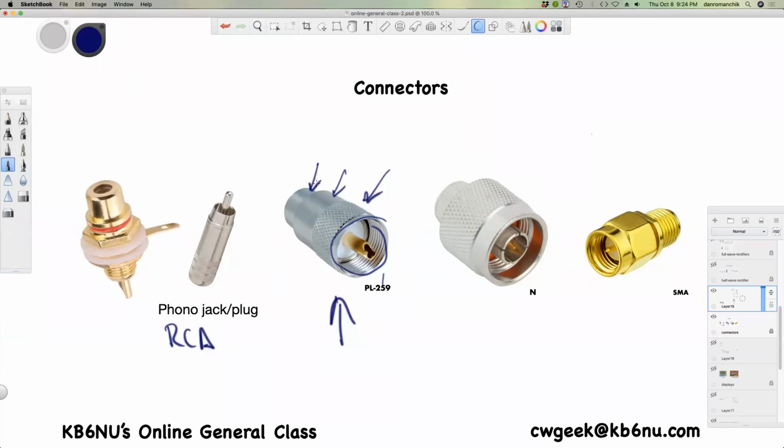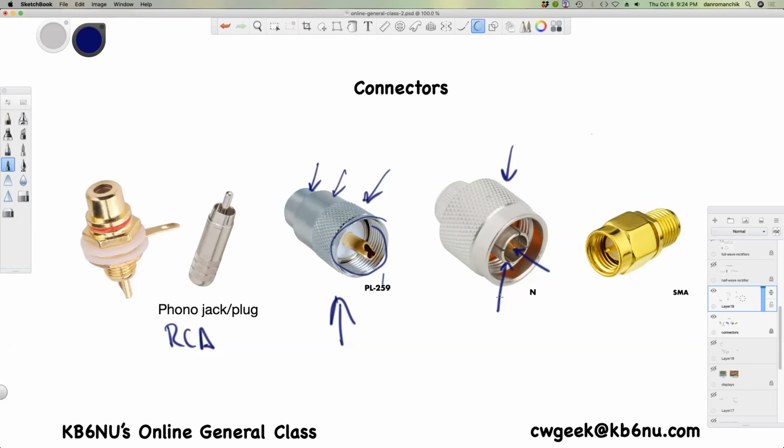At HF, that's not a big deal. But once you get higher up in frequency, that does present a mismatch. In the N connector, you have the center pin, and then the outer part is the return connection, and then you have a separate shell. So you're not relying on the shell to present the impedance.